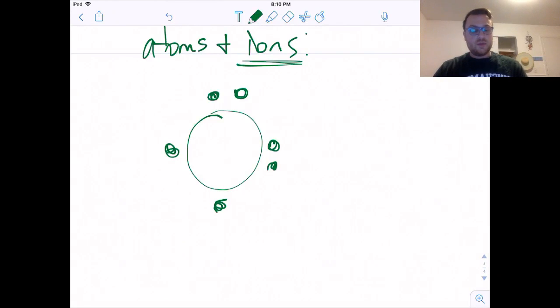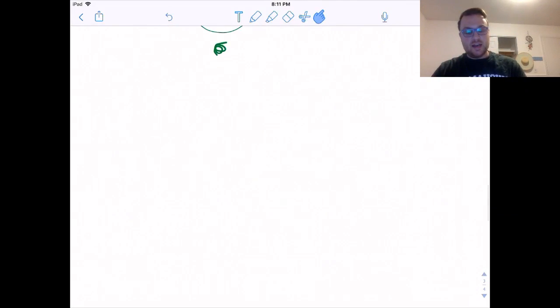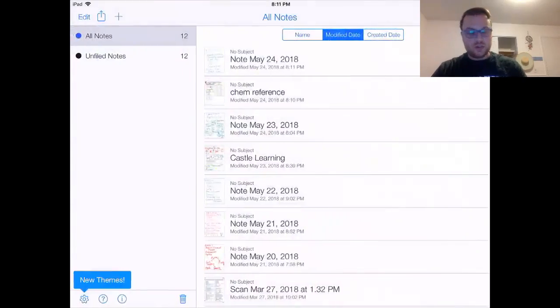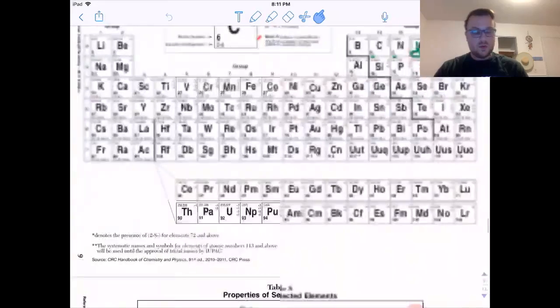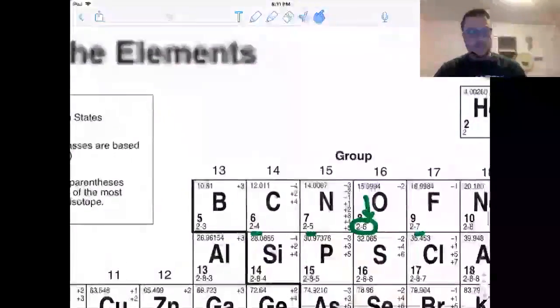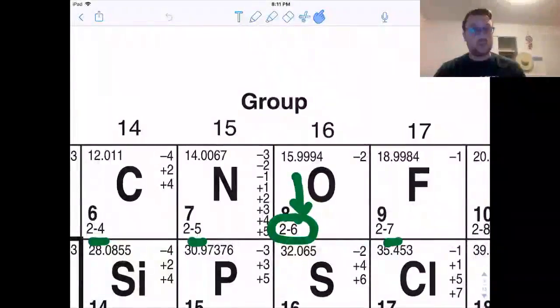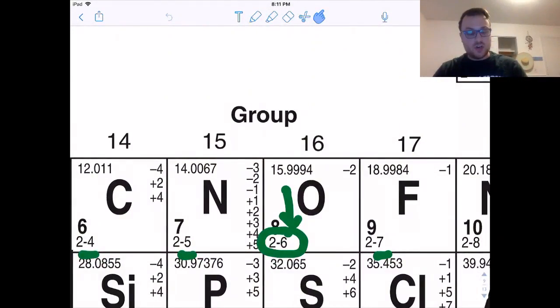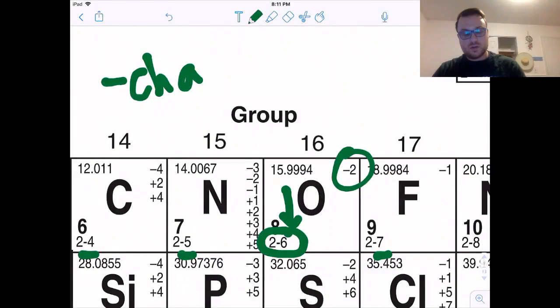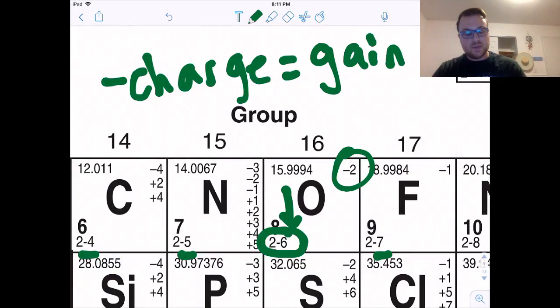Now when you draw oxygen as an ion, you need to look at its charge to determine how many electrons it's going to gain or lose. Oxygen has a charge of -2, and a negative charge equals a gain of electrons because electrons are negative.